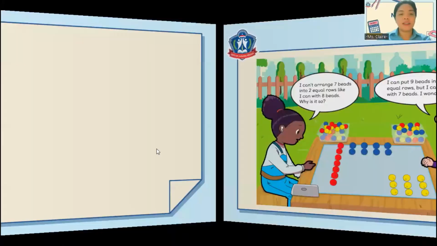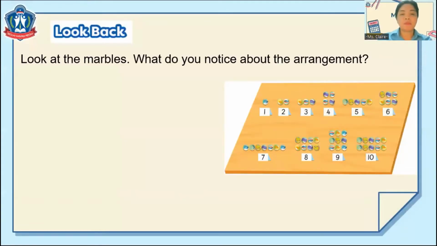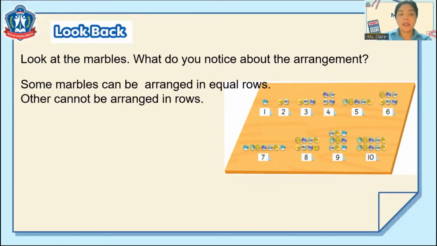Okay, let's take a look here. Look at the marbles. What have you noticed about the arrangement? Some marbles can be arranged in equal rows like 4, 6, 8, 9, and 10. The others, we cannot arrange them in rows.